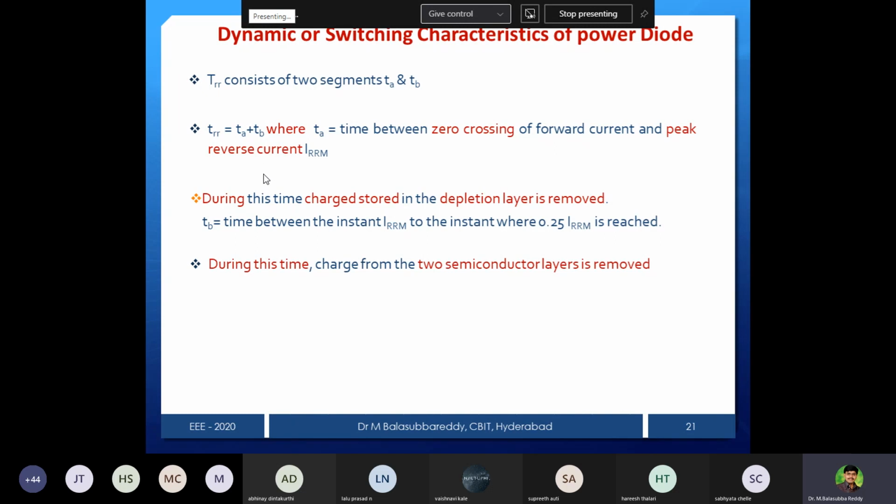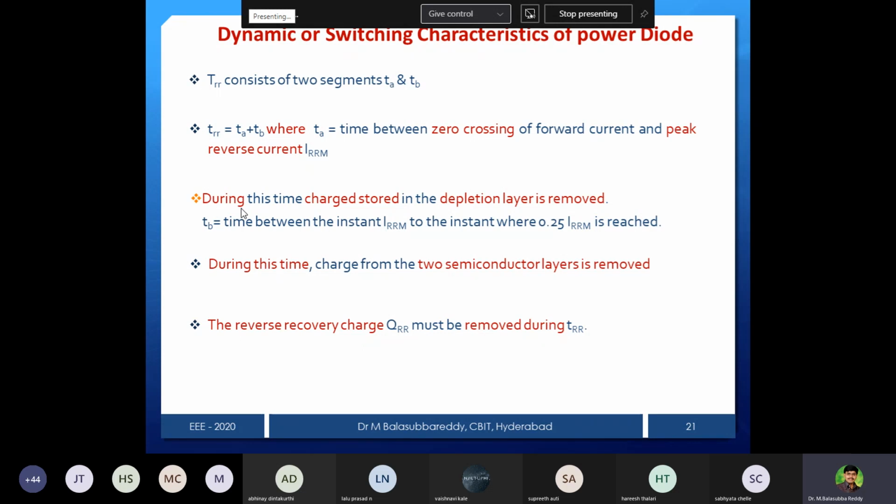Whatever charges are present inside are completely removed by the recombination process. Or you can say the device is turned off with a specified amount of time. It is very minute, you can even neglect it, but some time is required to remove it, about 1 microsecond.